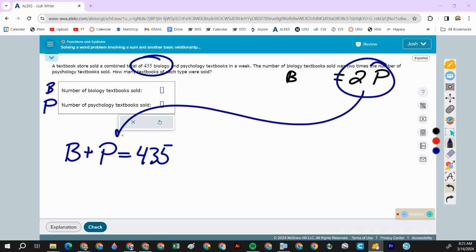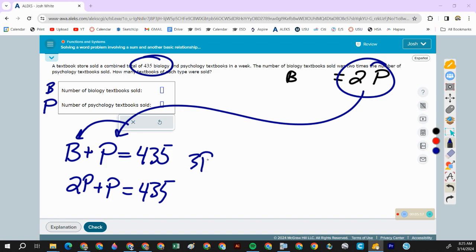Plug it in there. So 2P plus P is equal to 435. So 3P equals 435. Divide by 3. It's going to give us 145. So P equals 145.